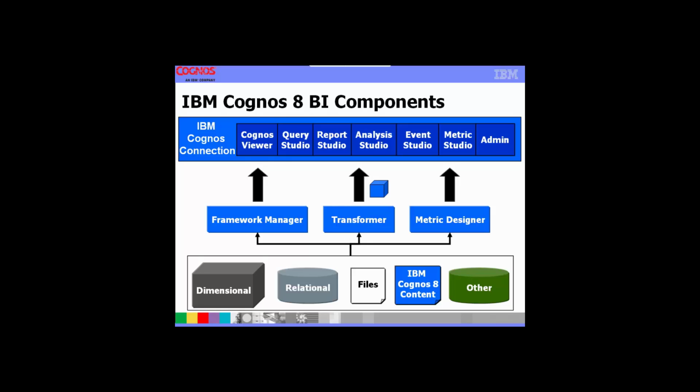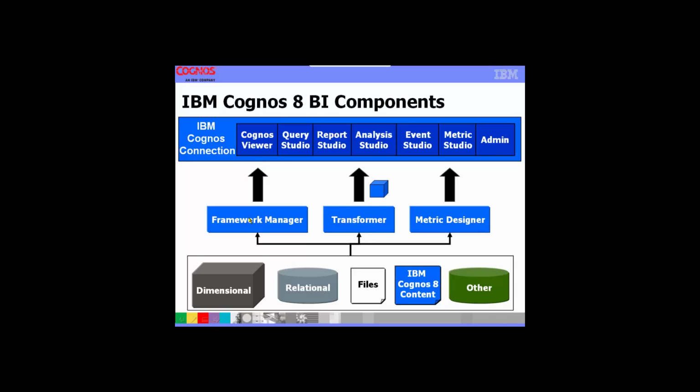Okay, so IBM Cognos 8 BI components. I brought that slide in basically to show you where Framework Manager fits in. It's a metadata modeling tool, and you can see it sits between the data sources and the actual Cognos Connection and the studios that use it.